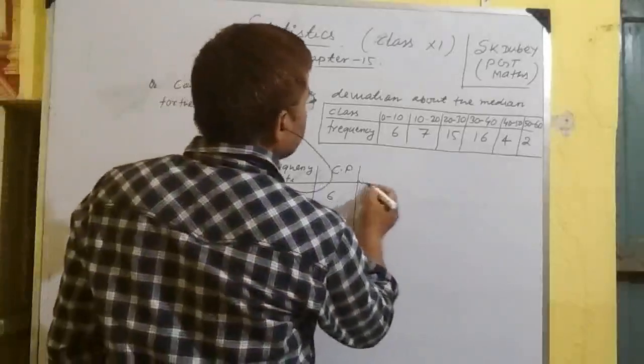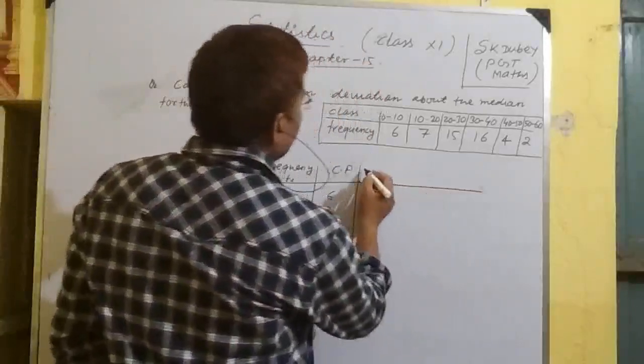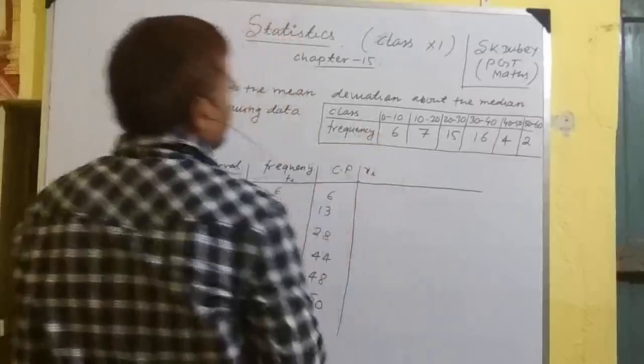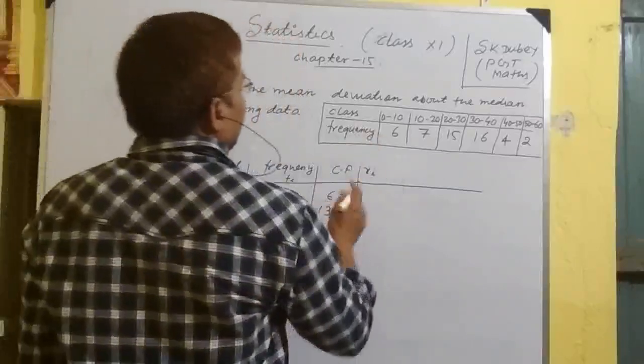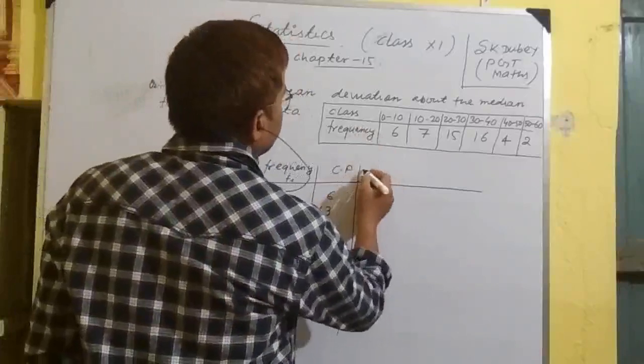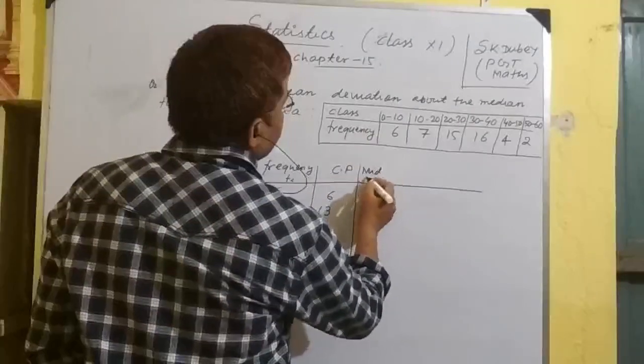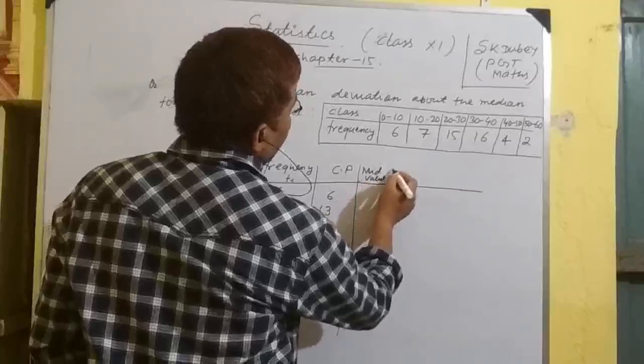Now find the mid value, also known as class marks, xi, the mid value of the class interval.